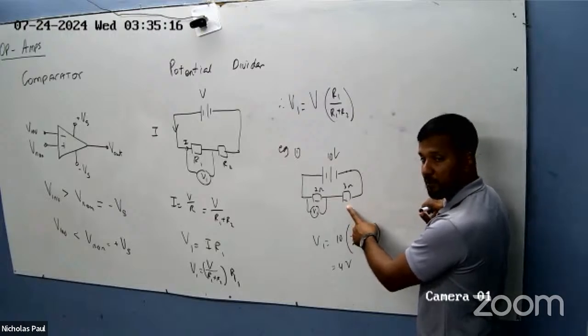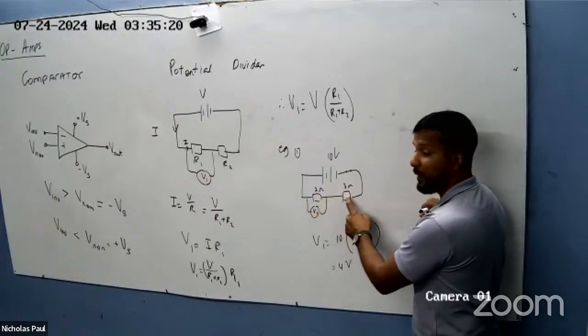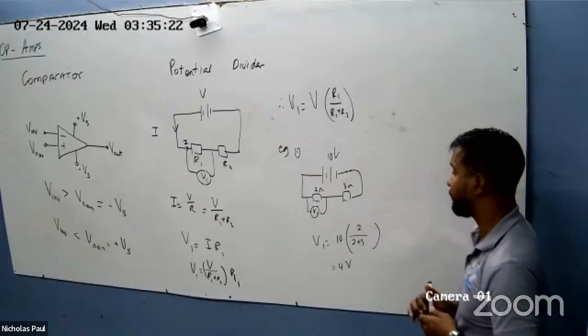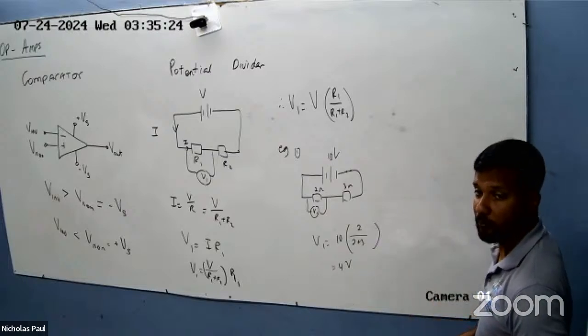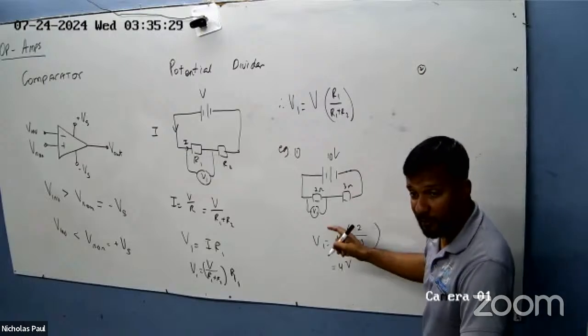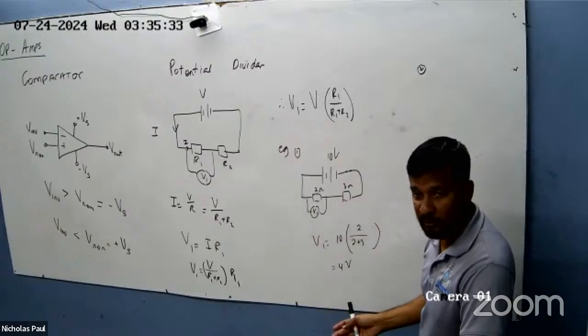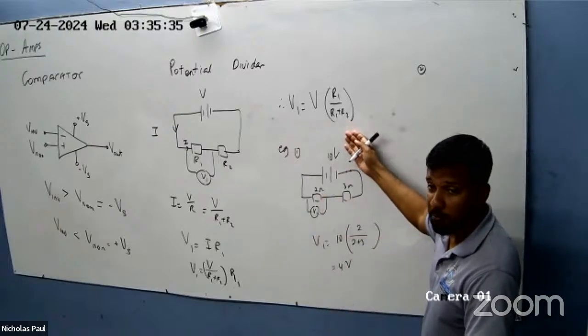That's 10 minus 4, so here is 6. Are you okay with this? So that is all the voltage divider will do. Divide the voltage. And that's the formula. That's all you have to understand.